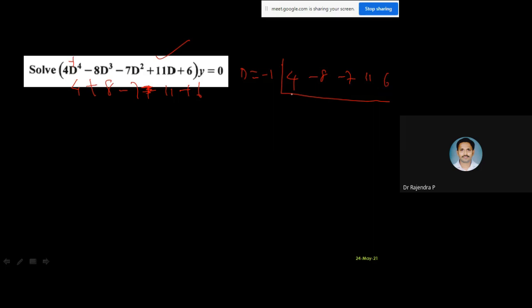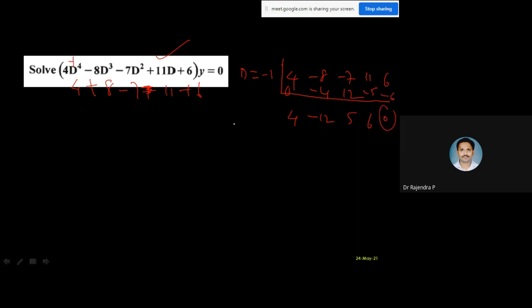First you keep 0 here, 4 plus 0 is 4. D, as I told you, you start with 1, you start with -1; definitely somewhere you will get some result. I'm starting with 1, and I already checked it is not satisfied. I'm going with -1. So when it is -1, 4 into -1 is -4, this will be -12, then this will be 12, then this will be 5, -5, then this will be 6, then -6. We are going to get 0.